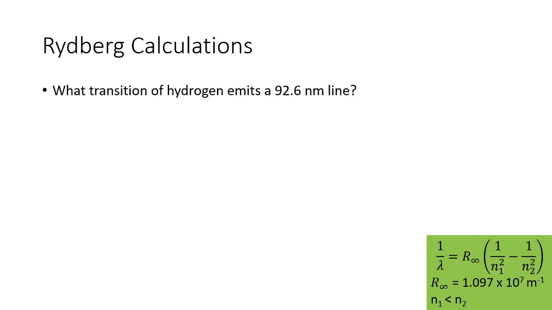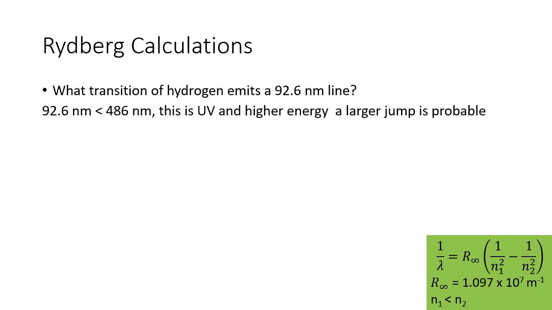All right, let's try a different tack here. What transition of hydrogen emits a 92.6 nanometer line? Again, I know that the Rydberg equation is going to apply. Further, I know that 92.6 is less than 486 from the previous problem, so this is UV light, and it has a higher energy.